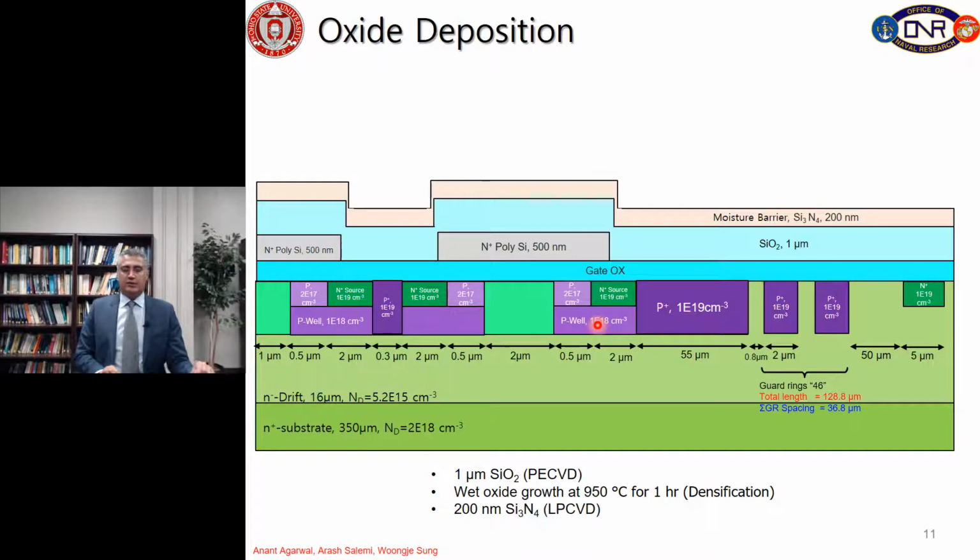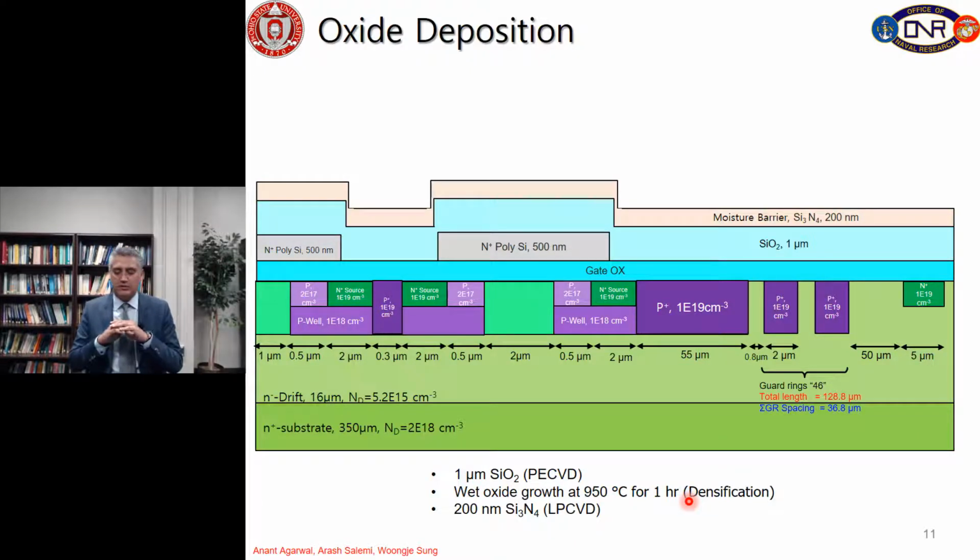After forming the gate poly, we need to deposit oxide over it. So 1 micrometer silicon dioxide can be deposited by PECVD, and then by wet oxide growth at 950 degrees C for 1 hour, we are doing the densification.